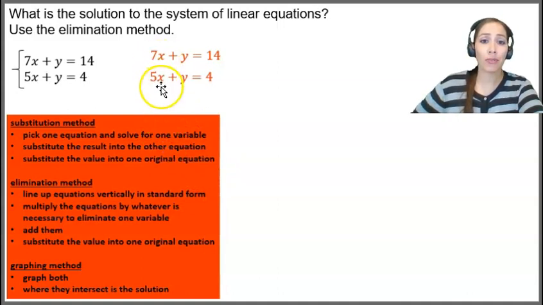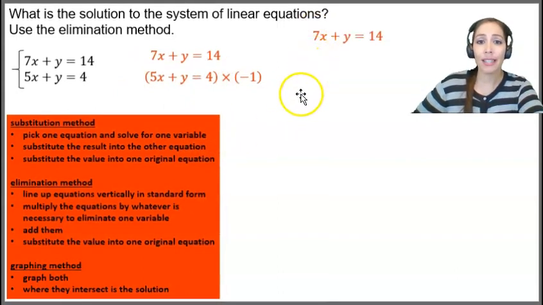I have 7 and 5. I could make one of them 35x and one negative 35x. But what's even easier is that I have a positive y and a positive y. Let's just make one of these y's negative so that when we add them, they will cancel out. So I'm going to take the bottom one and multiply it by negative 1.